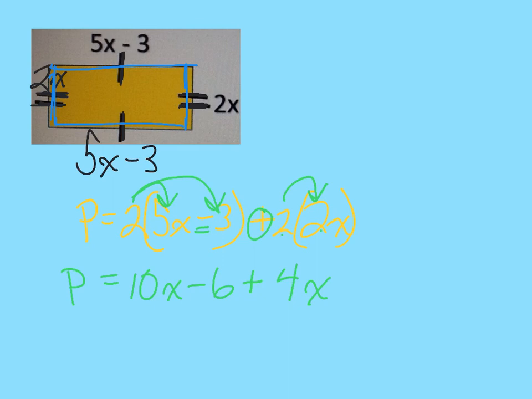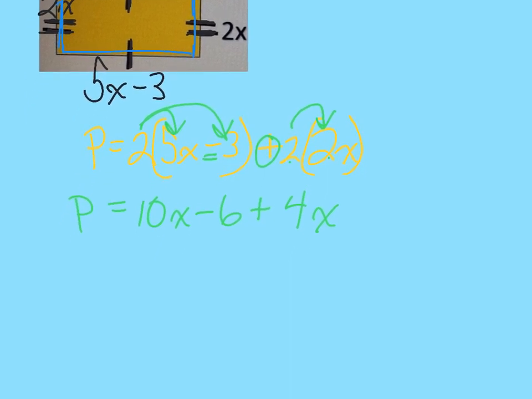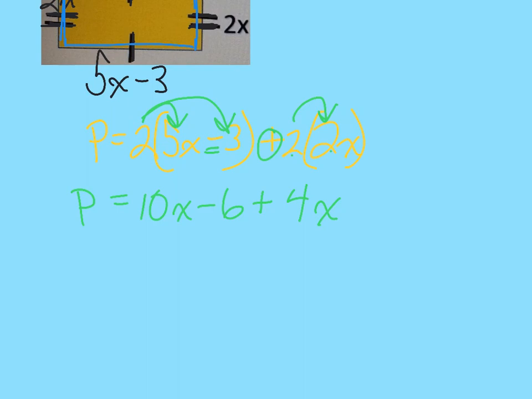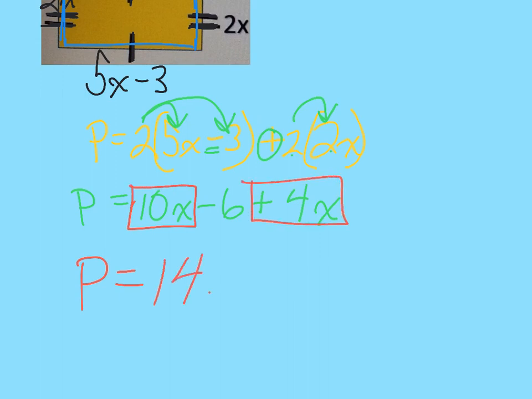Combine like terms. One more time to combine my like terms, my perimeter. I have a 10x and a plus 4x, so that is 14x. And then the minus 6 is all by itself. And we're done.